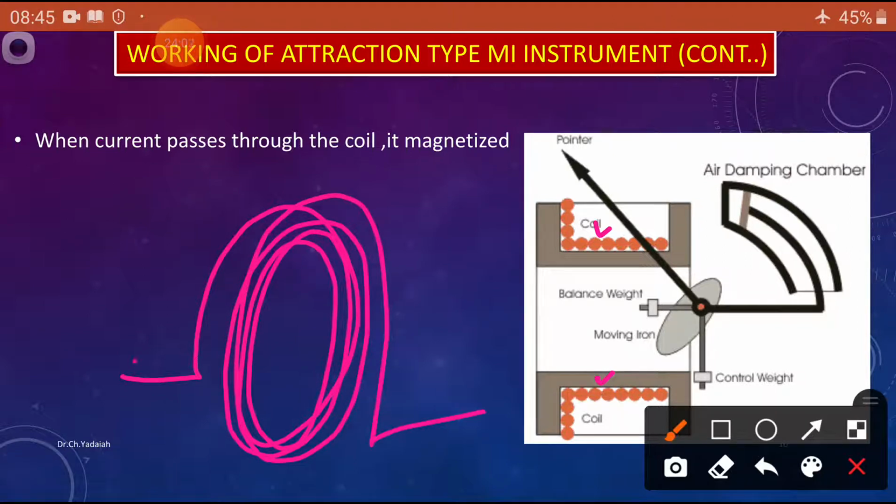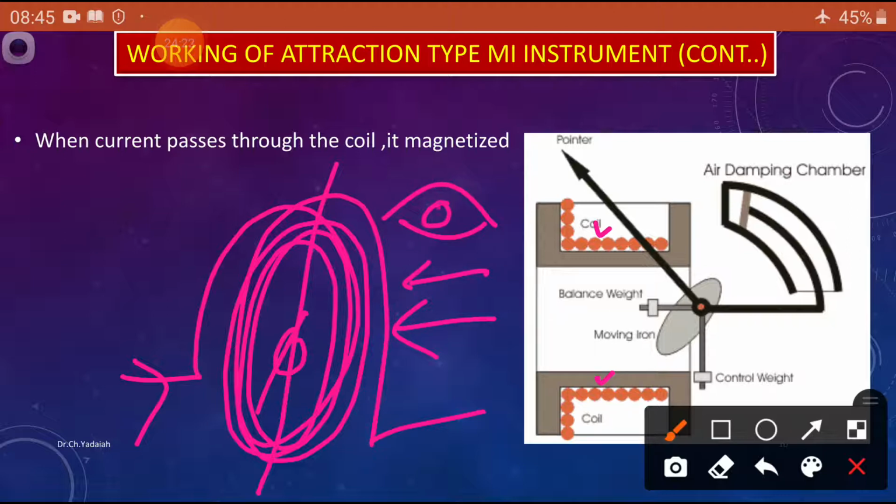When the current is passing through this, a strong magnetic field is developed inside the coil, the solenoid. So this is a solenoid. Now I have cut this portion and I am seeing it from this direction.